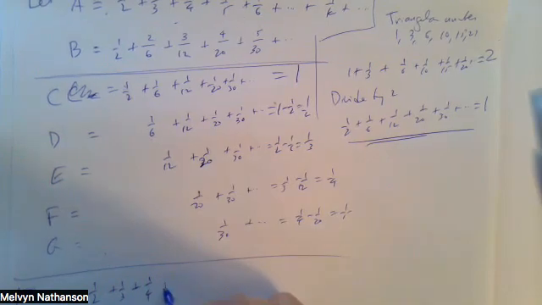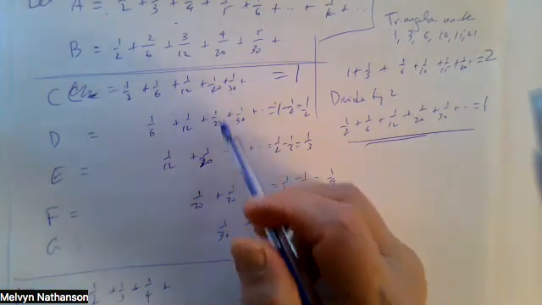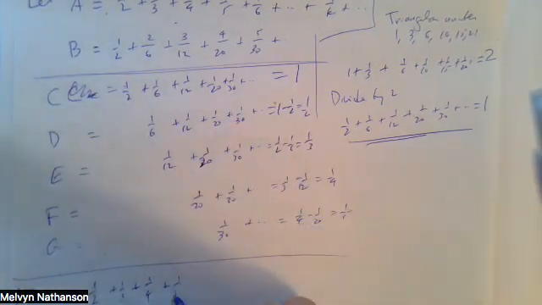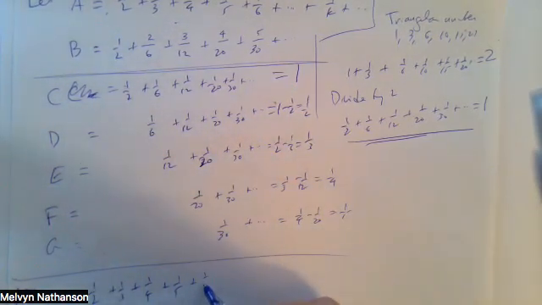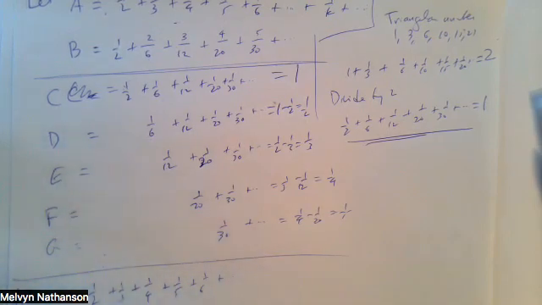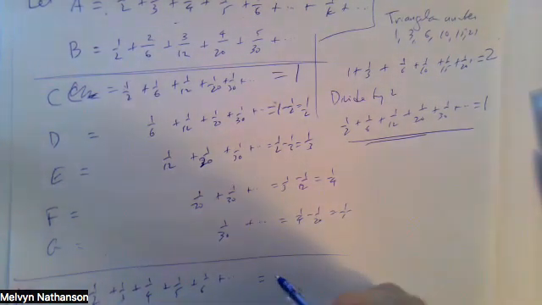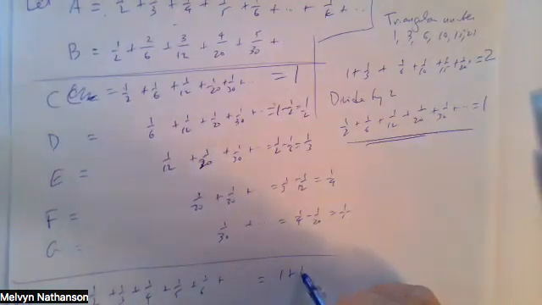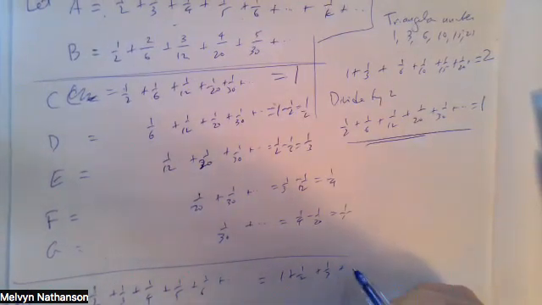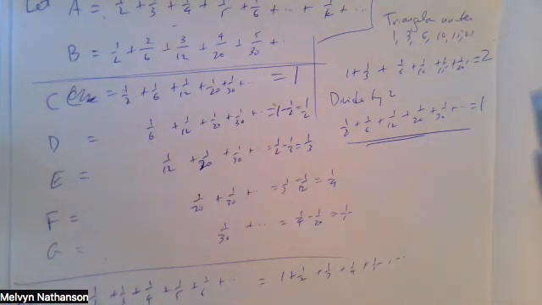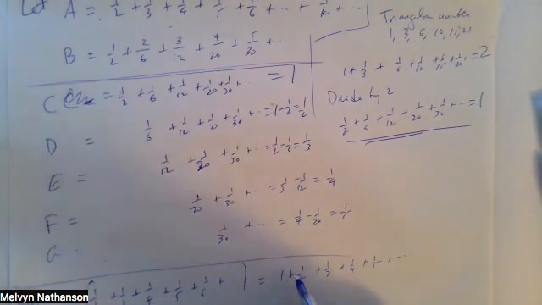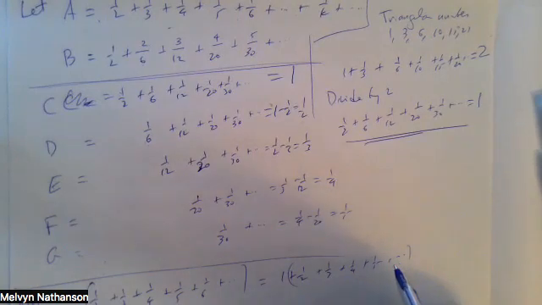That's 1/4. I have 4/20, which is a fifth. I have 5/30, which is a sixth, and so forth. And on the right-hand side, I get 1 plus a half plus a third plus a fourth plus a fifth, and so forth. And this is equal to this.